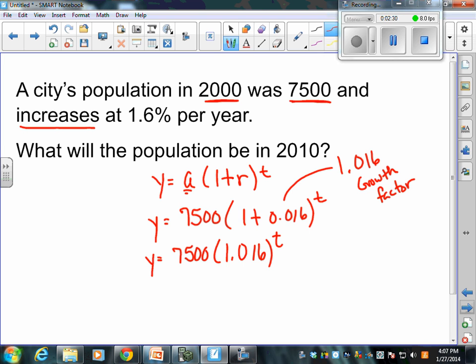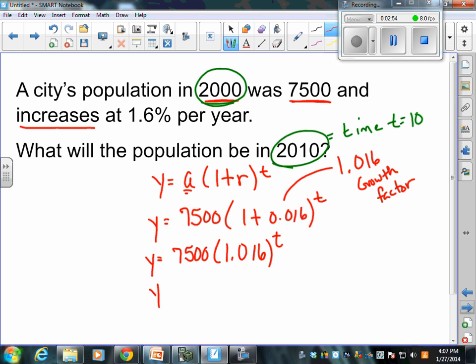I want to know what will the population be in 2010. Well, 2010 is a time, so that's a t. Now, one of the things that you have to be very careful about with these problems is to see when did you start measuring this. And notice that the initial year was 2000. So for 2010, I want to let t equal 10.